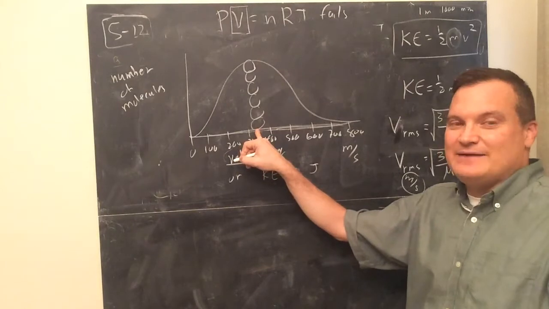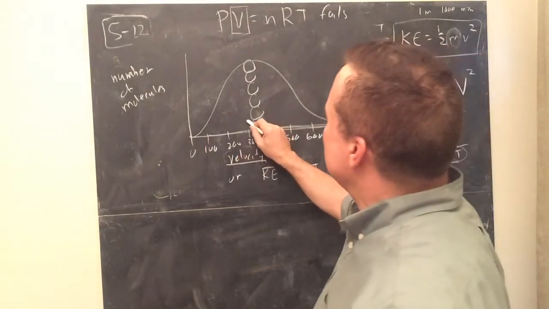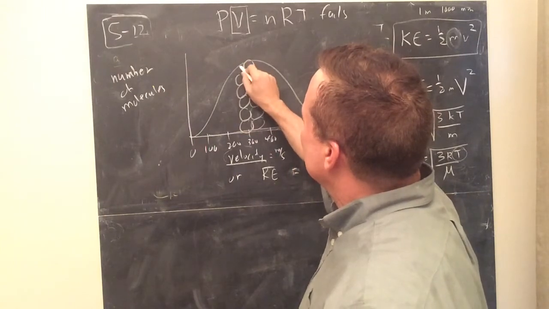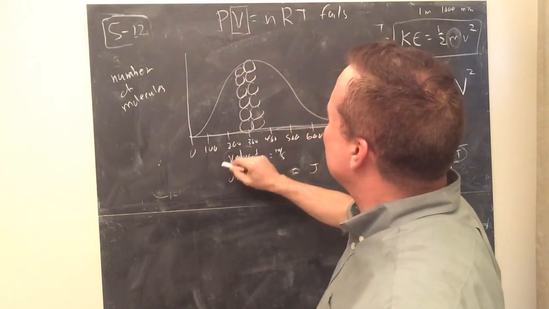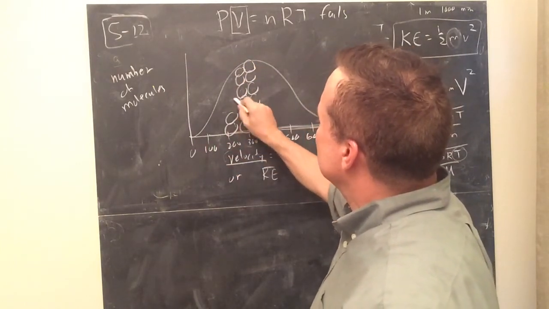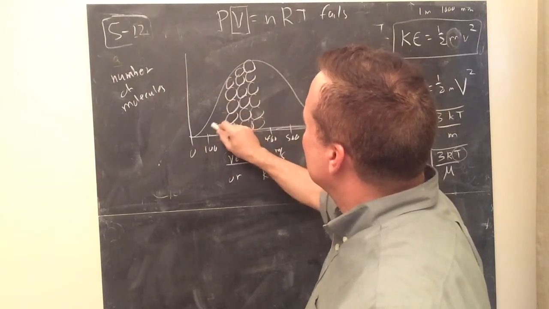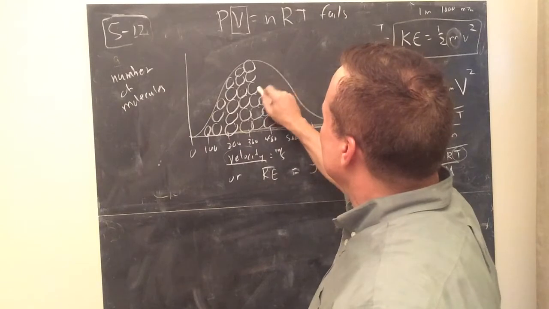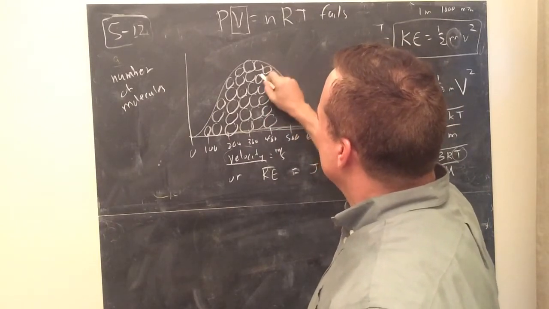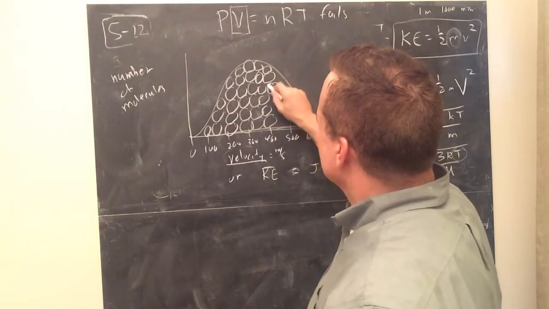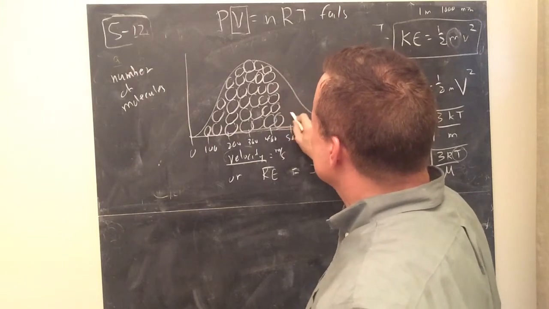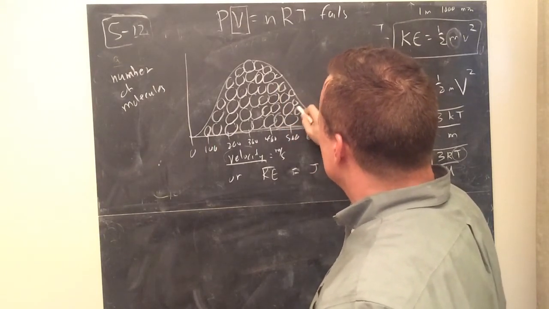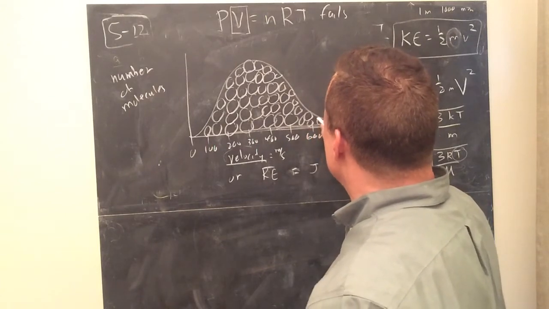That's their speed, okay? Then you have maybe about six going that speed, and so on, building up the bars across the graph.